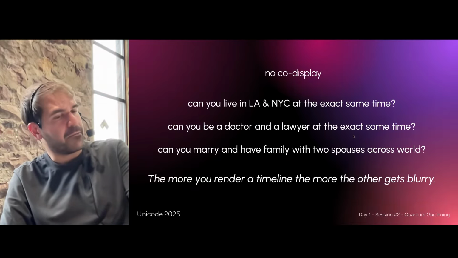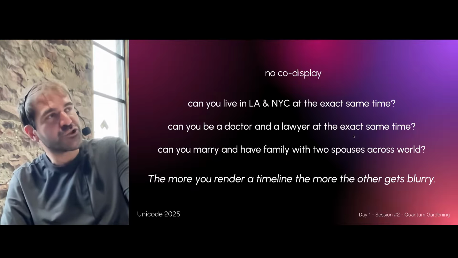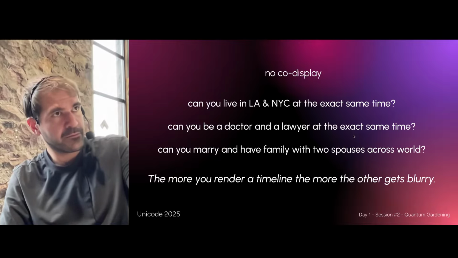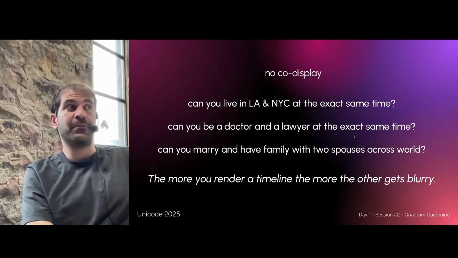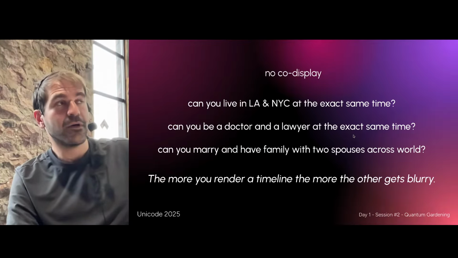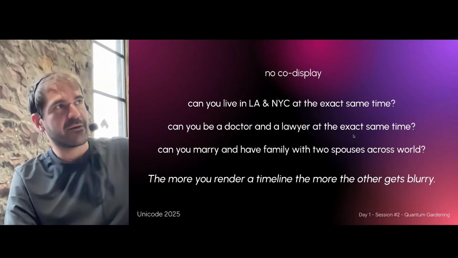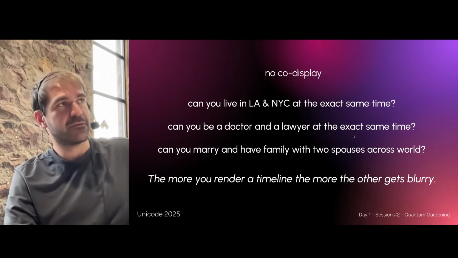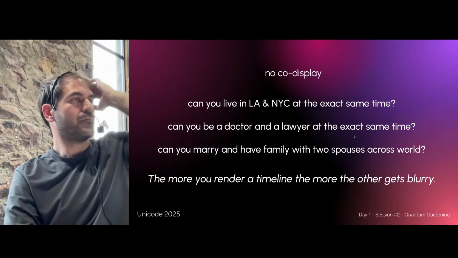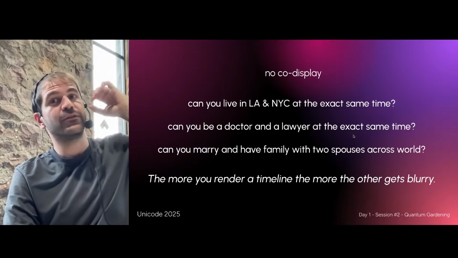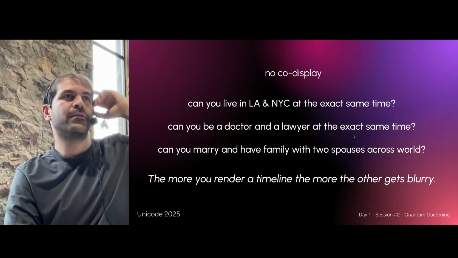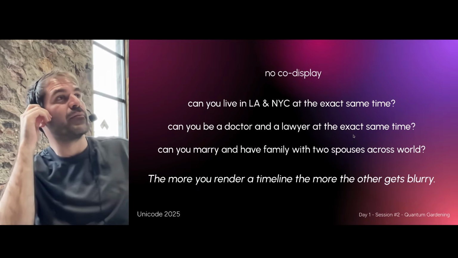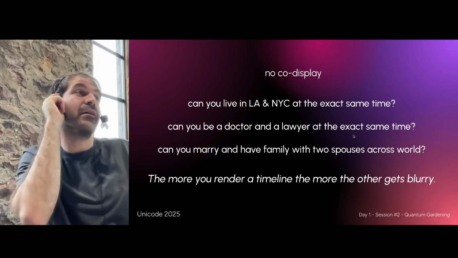So you can't actually render a specific outcome and know the measurement of that outcome while also really, really desiring to measure another outcome. You have to pick. That's why location, career, relationship, those are big ones where you just have to pick.